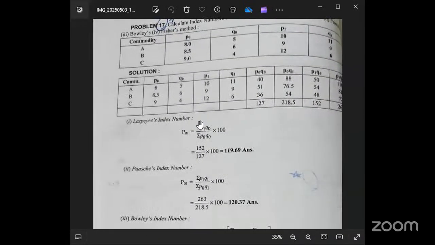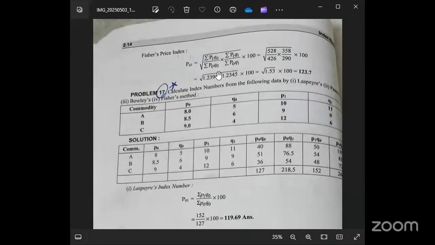So see, if it is not mentioned in the problem which price index number we should take, we can directly use the Fisher ideal method.